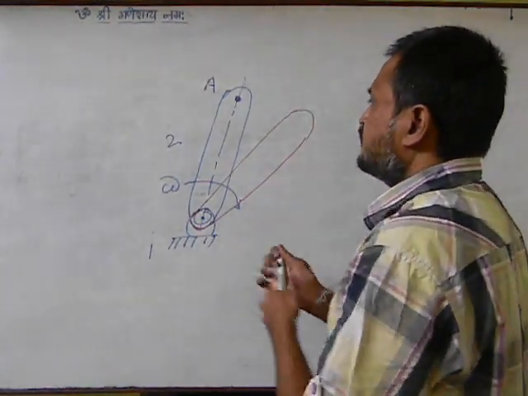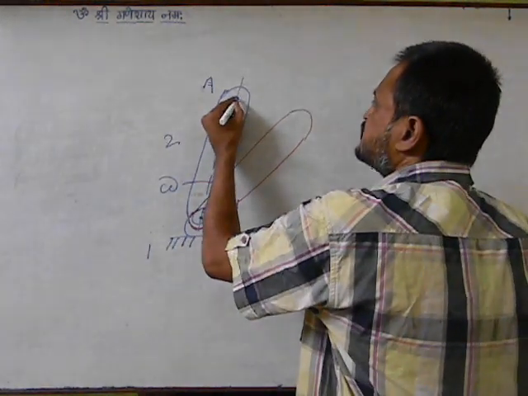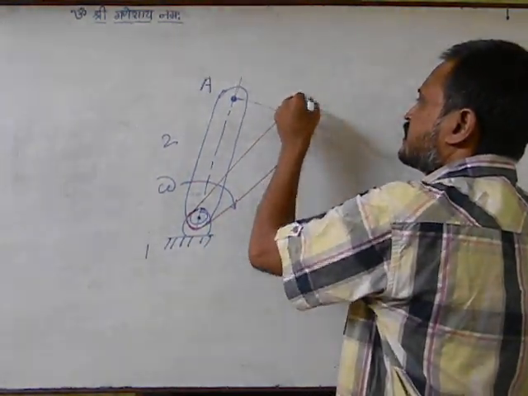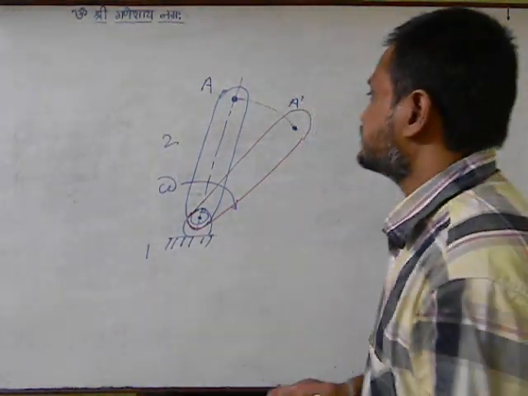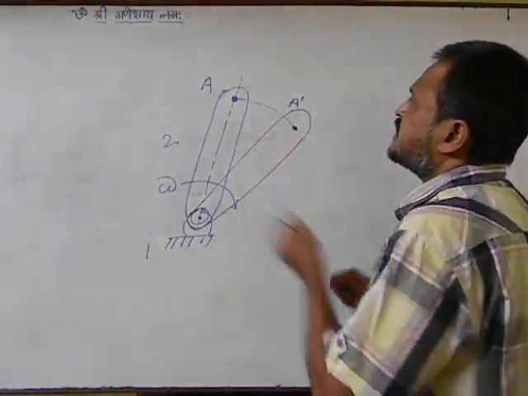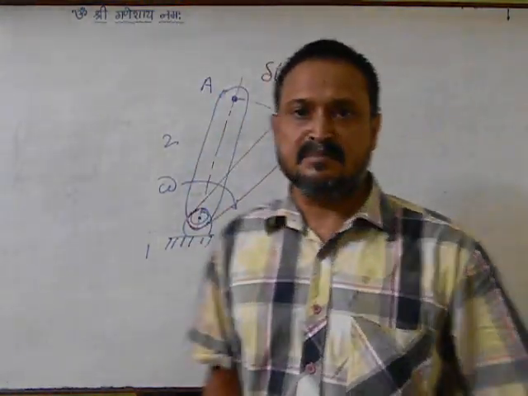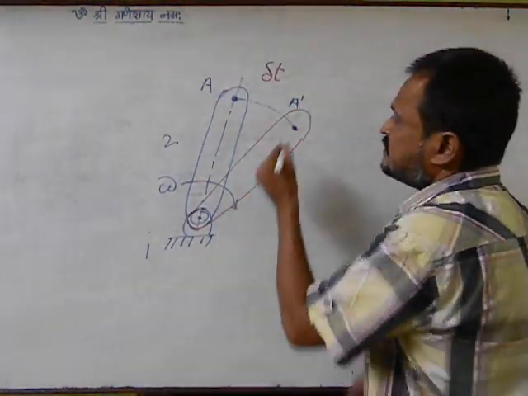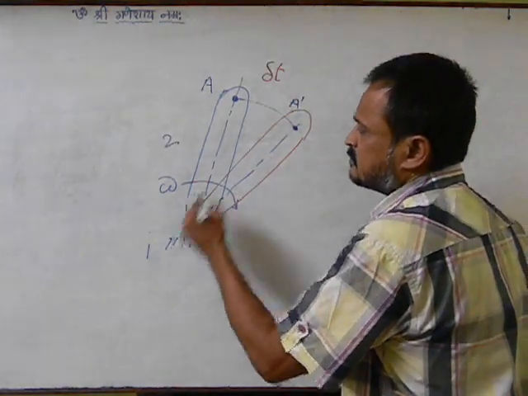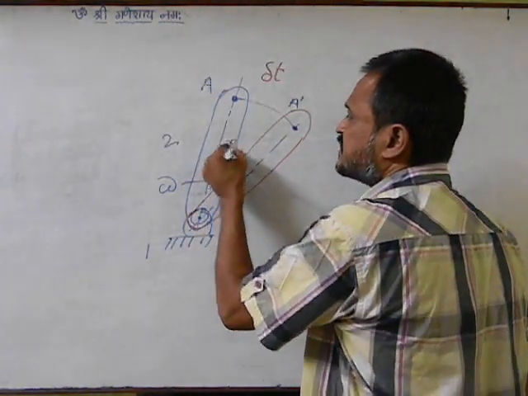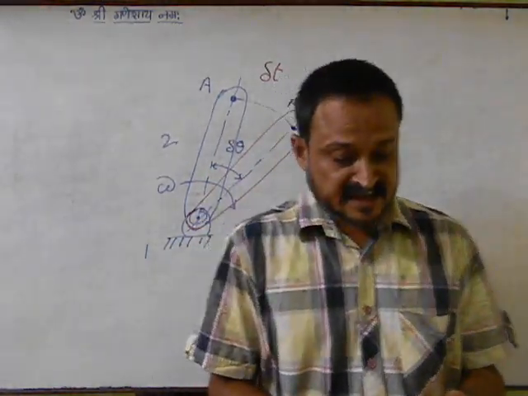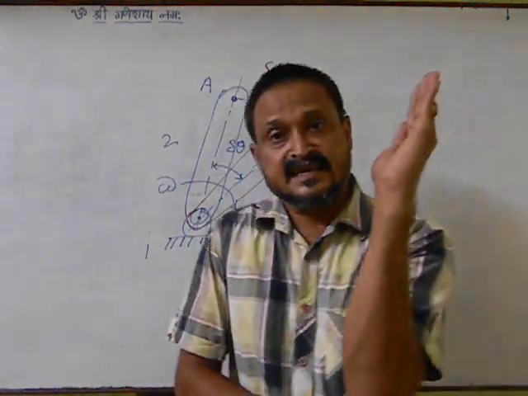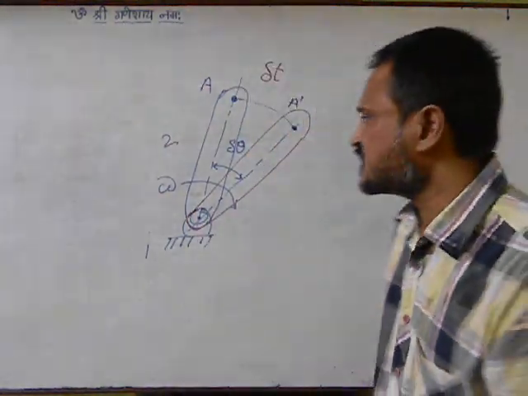So now I can say that A has moved from here to A dash, and this has happened in an infinitesimally small time interval del t. In this very small interval of time, it has moved through an infinitesimally small angle del theta. So here we can see that the displacement is an angular displacement, right?